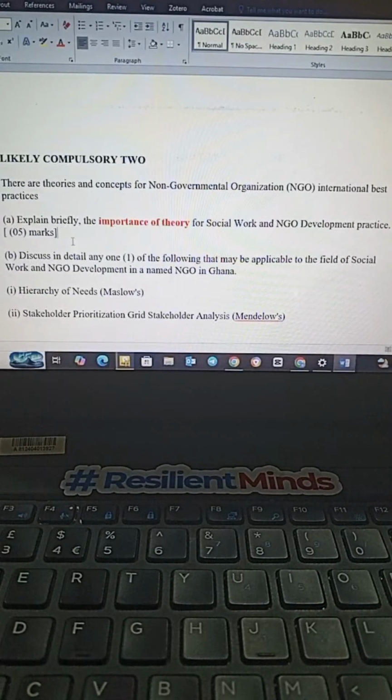So even prior to doing your needs assessment, you know how the community will react, and after doing your project, what their reactions will be. A theory helps you predict the reactions of a community. It gives you a forecast of the whole project you are going to embark on.